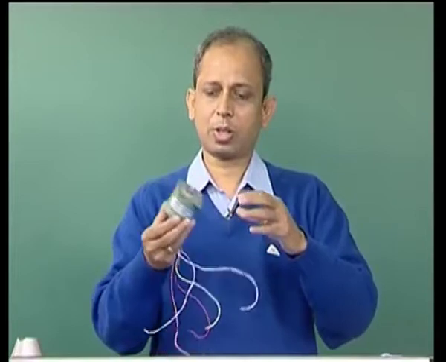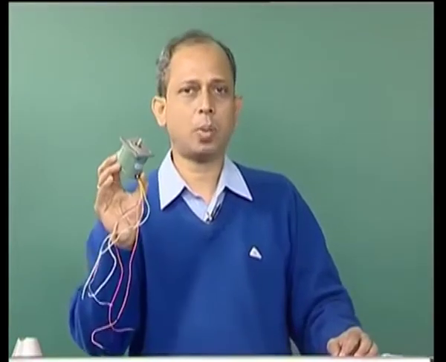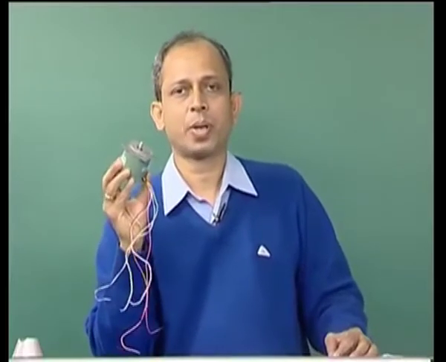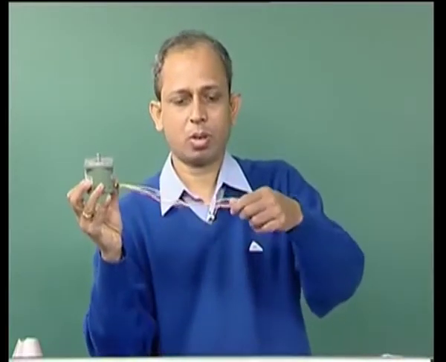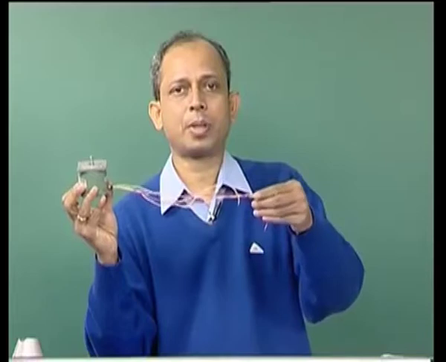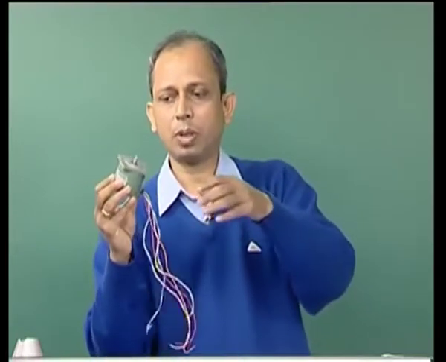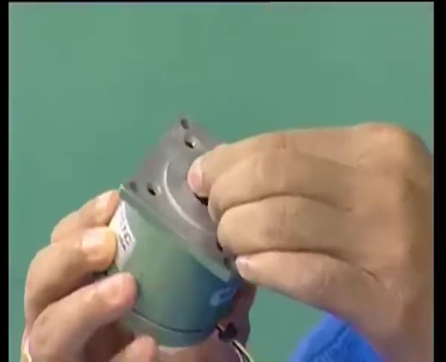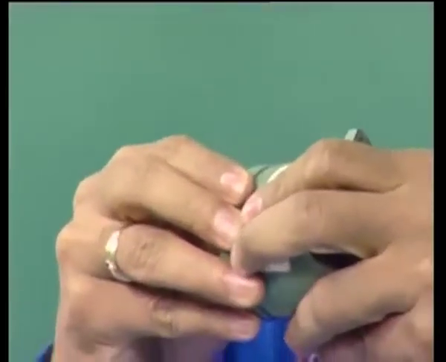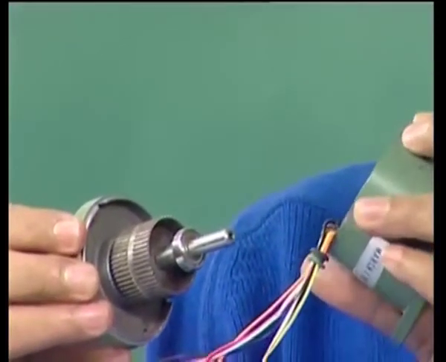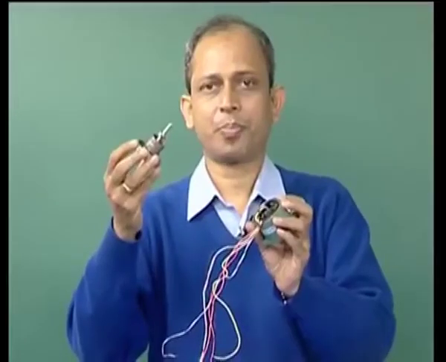Now, this is the stepper motor. It is a very small motor which operates maybe on 12 volt, and these are the connections of the windings that are brought out of the motor. And if we open this motor, this is the motor shaft which is free to rotate. Now, if we open out this motor, we will see that this is the rotor and this is the stator.